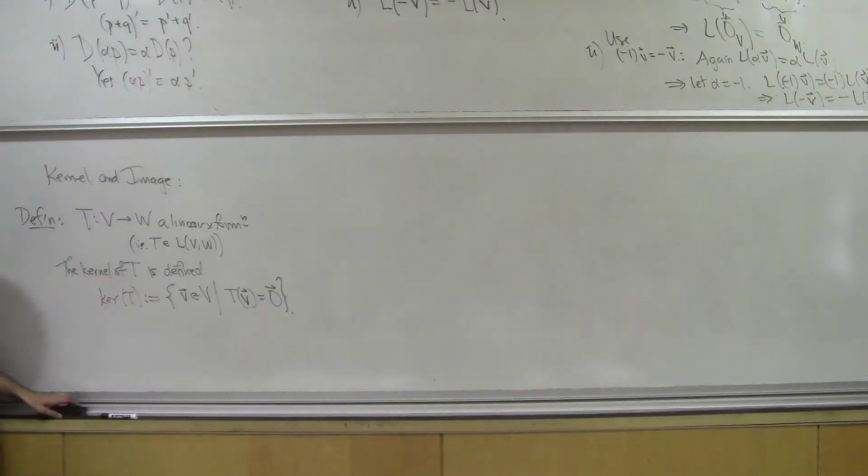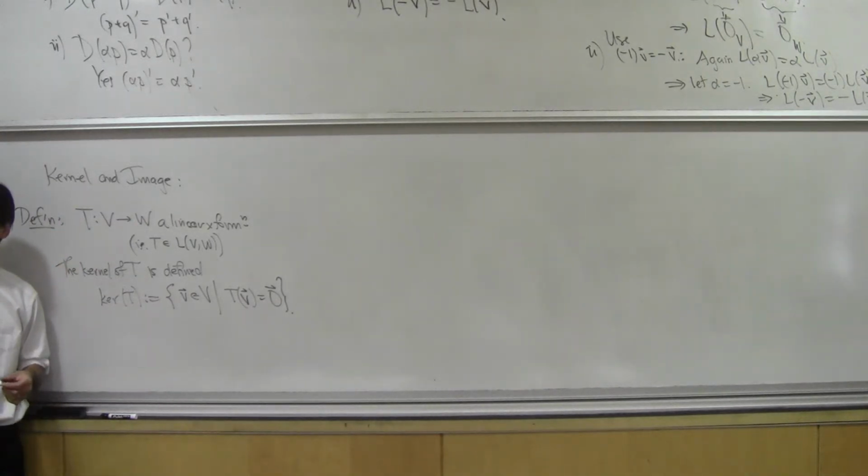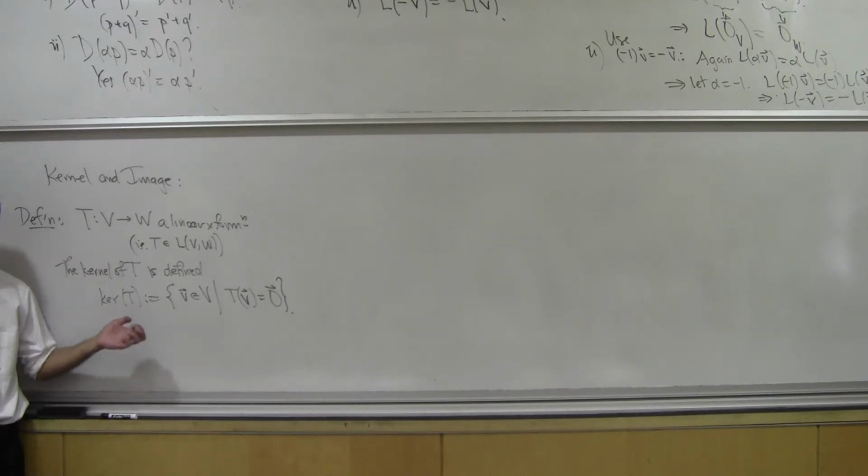This is pretty close to another notion that you've seen before, the null space. The null space of a matrix is everything that the matrix sends to zero when you left multiply by the matrix.